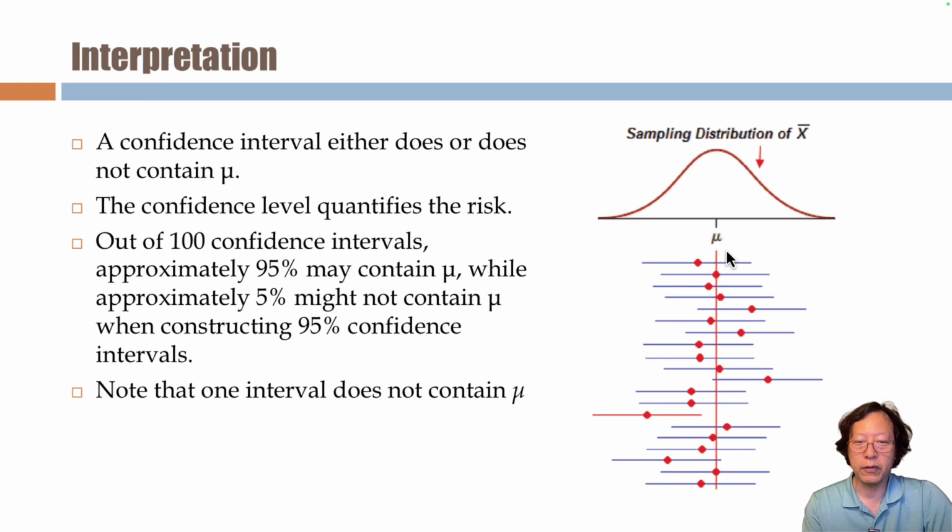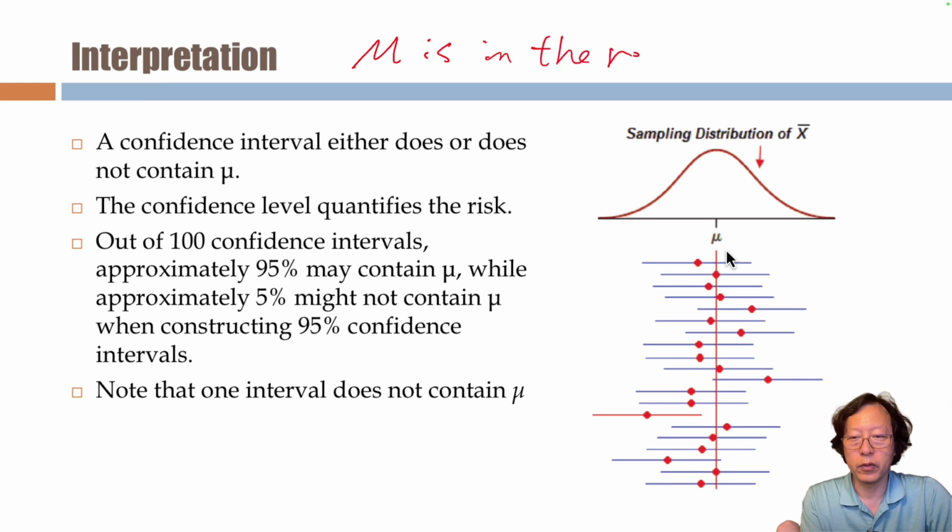Here with 95% confidence, some people say it this way: the mu is in the range with 95% probability.